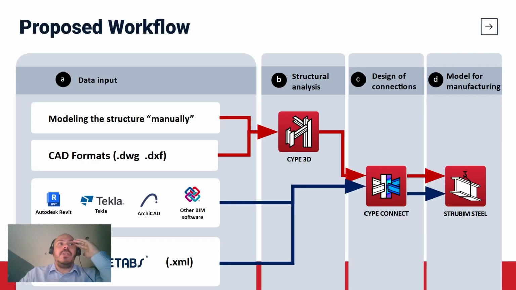Okay. Models for manufacturing. So let's go to the last part. This part here, Strubing Steel. If you already have the structure coming from here or coming from here, you already have some connections that are designed. So you can now go to Strubing Steel and finish and have a detailed model of your steel structure that can then be sent to manufacture.